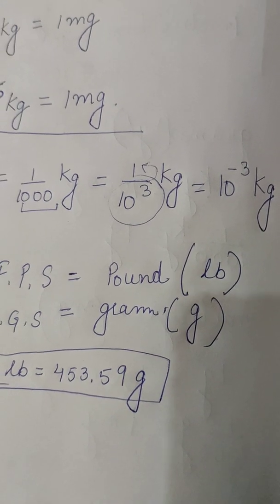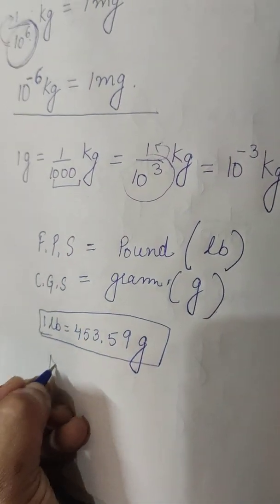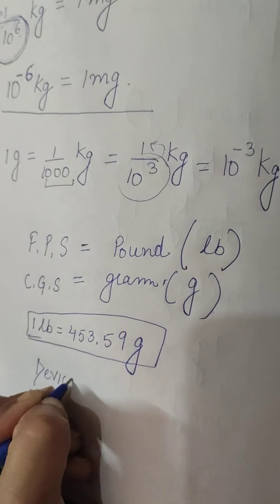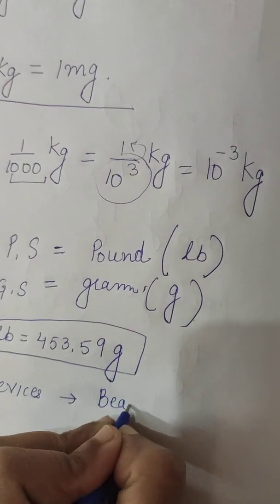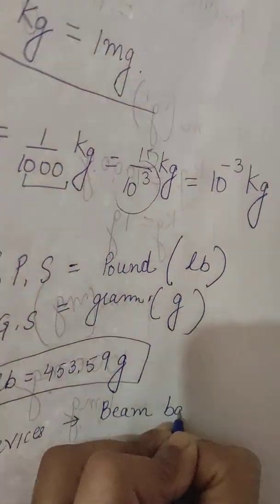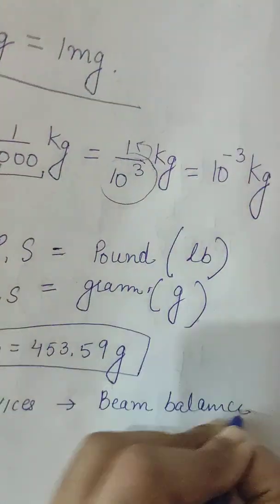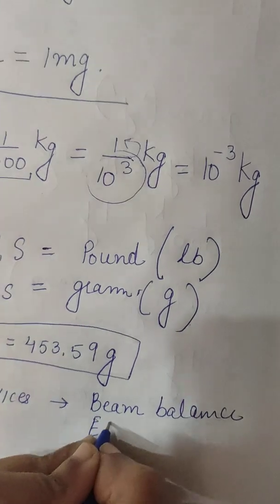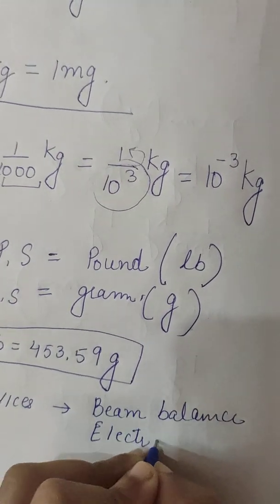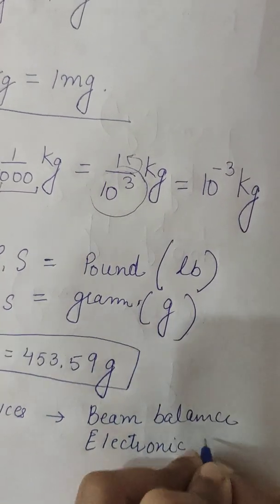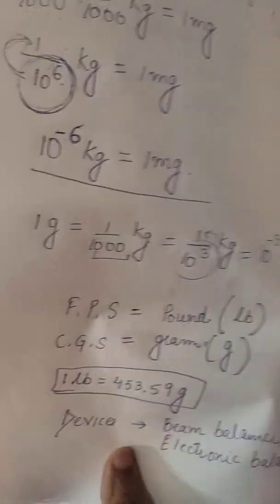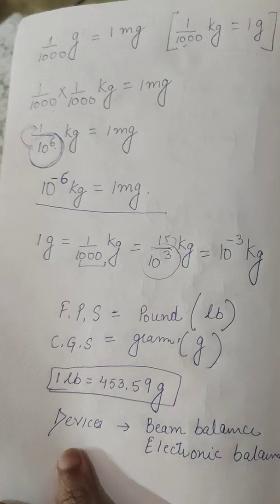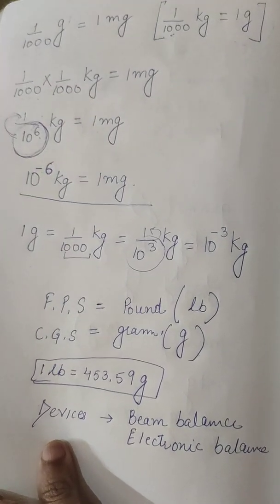What devices do we use? Beam balance and electronic balance. All of you just read it till here, see all the conversions.